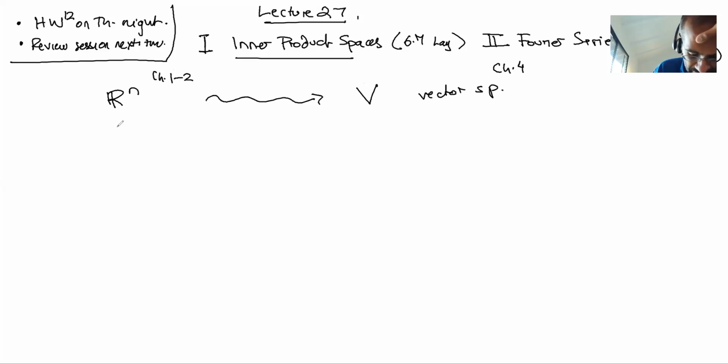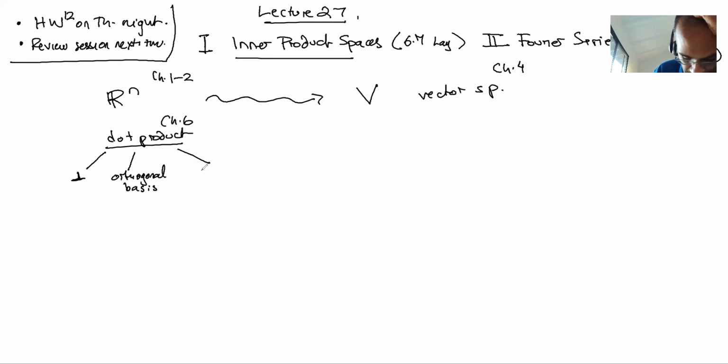And then in chapter 6, we learned about the dot product, which came with a whole bunch of associated concepts that were very useful, namely orthogonality, perpendicular, orthogonal basis, orthogonal projection onto a subspace.